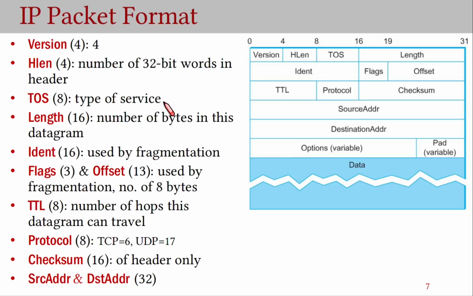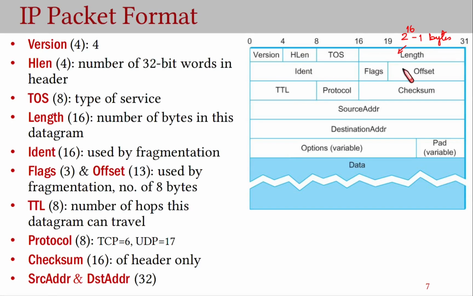Then there is a 16-bit field that indicates the number of bytes in this datagram, including the size of the header. And therefore, the maximum size of this datagram could be 2 to the power 16 minus 1 bytes, which is about 65,000 bytes.